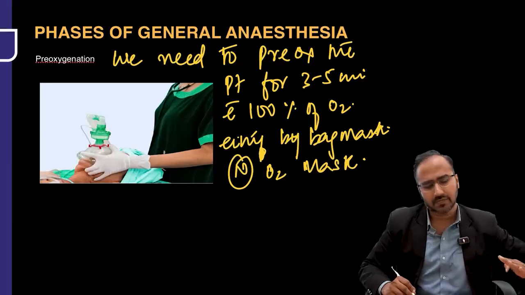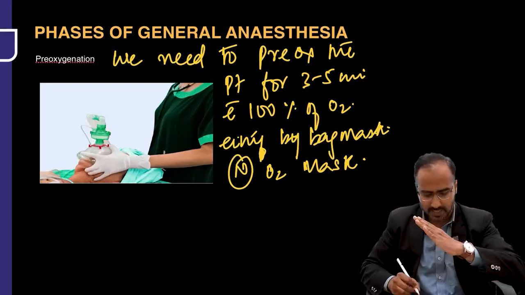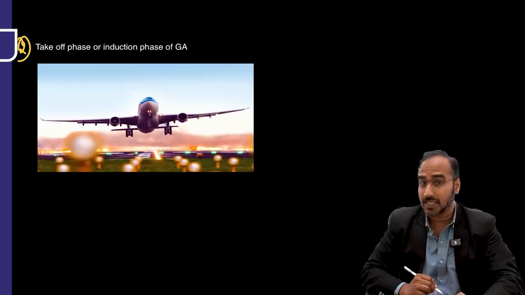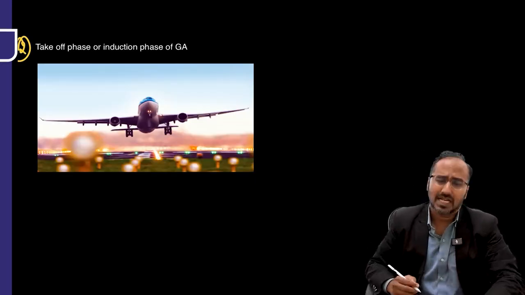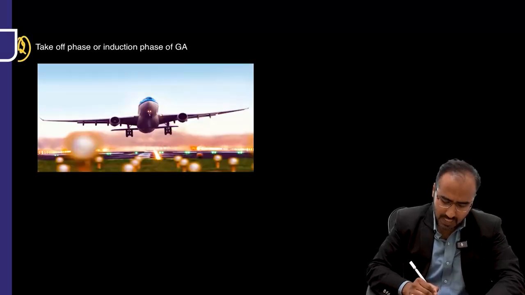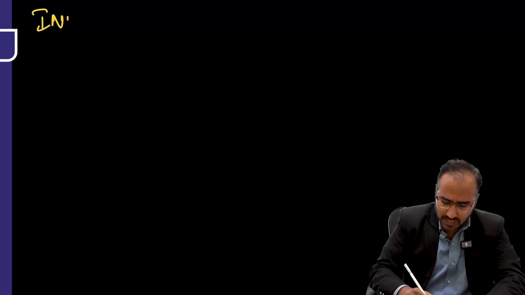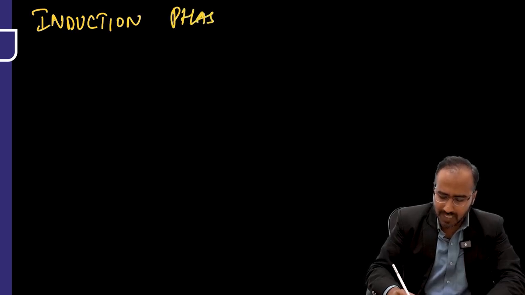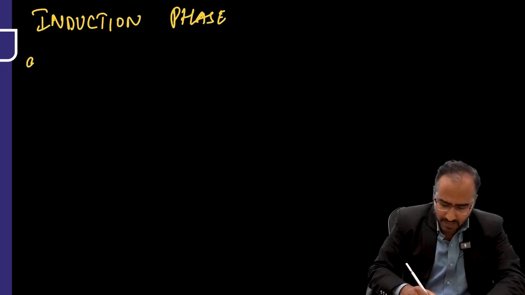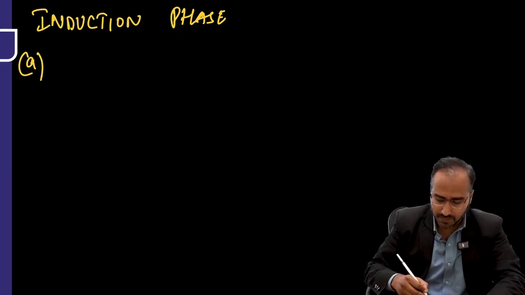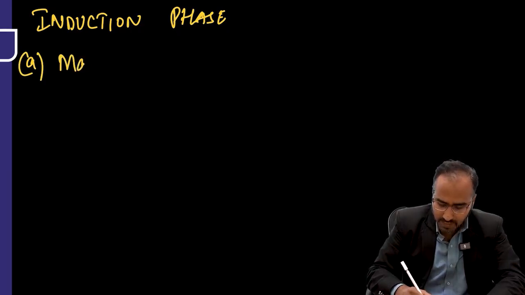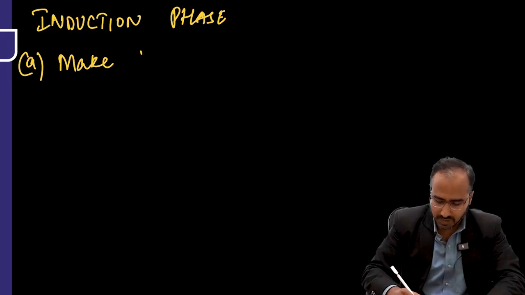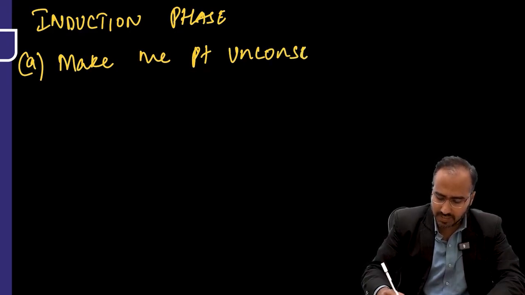Coming to the second phase of the aeroplane, the takeoff phase. The second phase of general anesthesia is called induction. What should be your aim in the induction phase of general anesthesia? There should be 3 aims. The first aim in the induction phase is that I should make the patient unconscious.